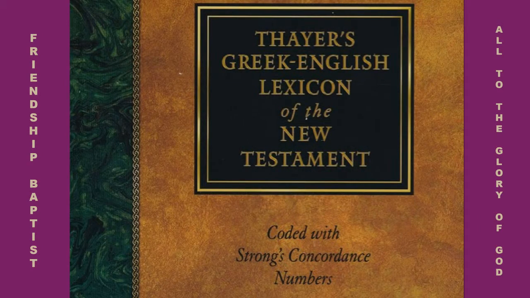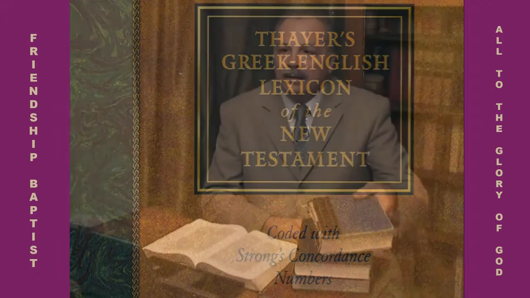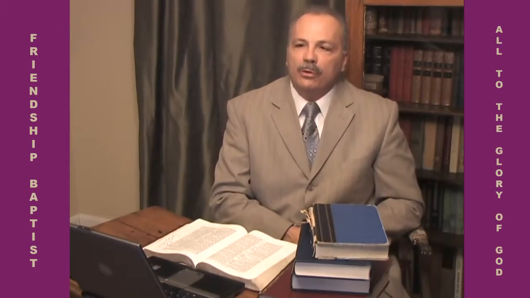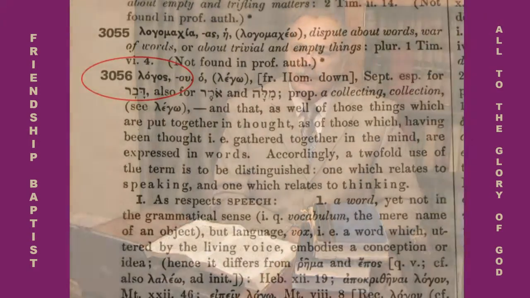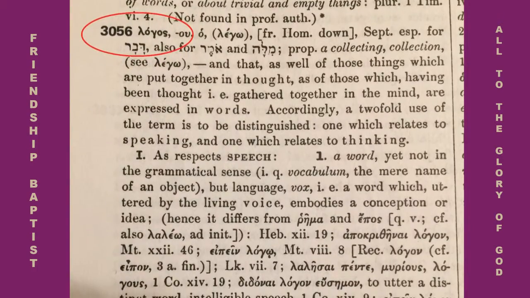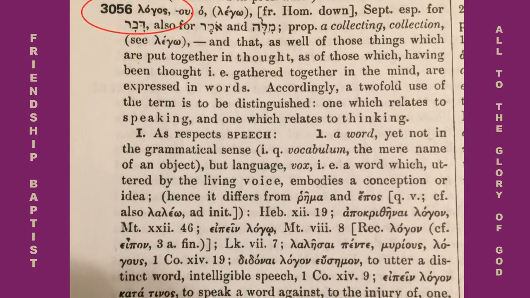Joseph Thayer published his landmark lexicon in 1886, and it is still widely published today. It alphabetically lists, based on the Greek alphabetical order, most of the Greek words used in the New Testament. As an example, what if we wish to look up the Greek word logos, which is translated as word in John 1:1?